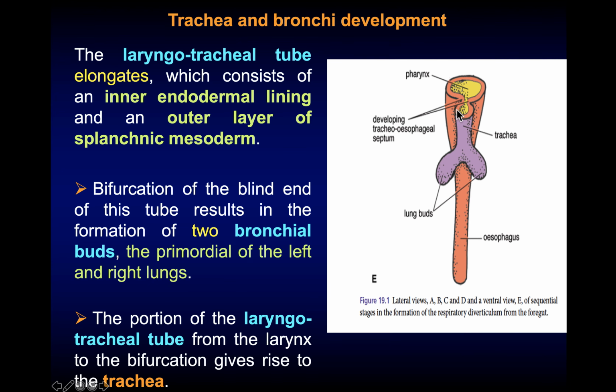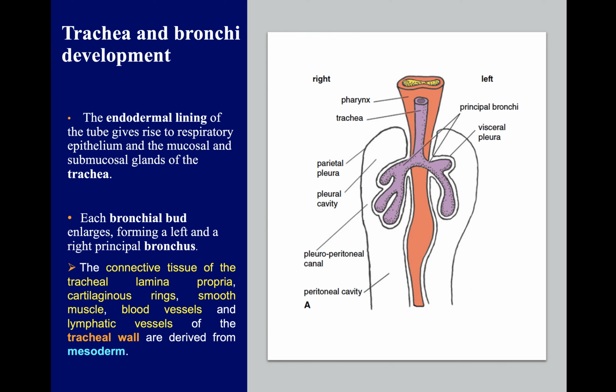The cranial portion results in the formation of the larynx, the caudal portion at this area will result in the formation of the lung, whereas the area in the middle will result in the formation of the trachea.